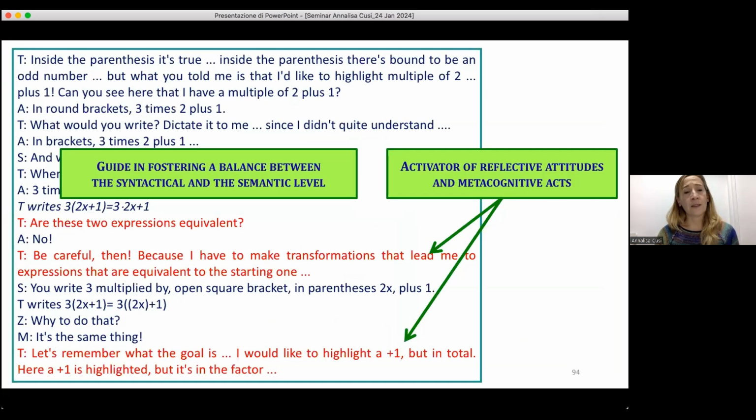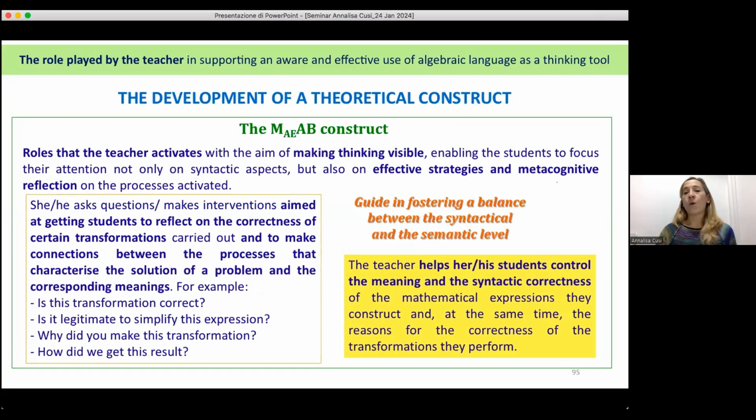Another role that is played is the one of guiding, fostering a balance between the syntactical and the semantic level. This role is played when the teacher helps the students control the meaning and also the syntactic correctness of the expressions that are constructed and manipulated, but at the same time also the reasons for the correctness of the transformation they perform.